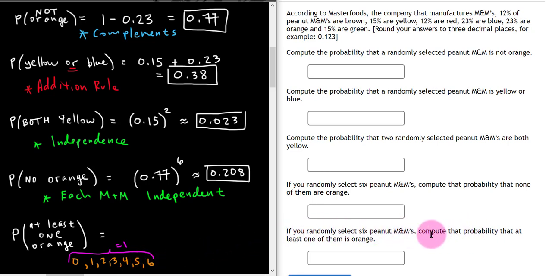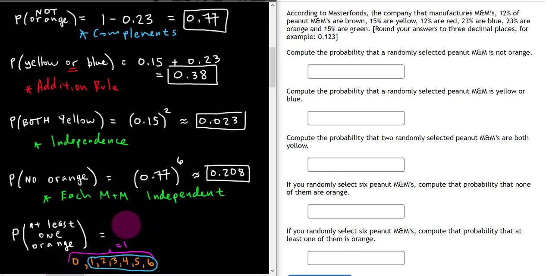And we want at least 1 being orange. So we need to consider the part that I'm circling in blue. That's the probability we really want right there in blue, which would be all the probabilities except the 0 being orange, right? That was all the blue probabilities there except no oranges.